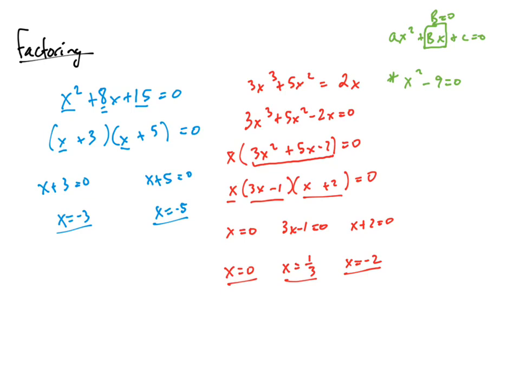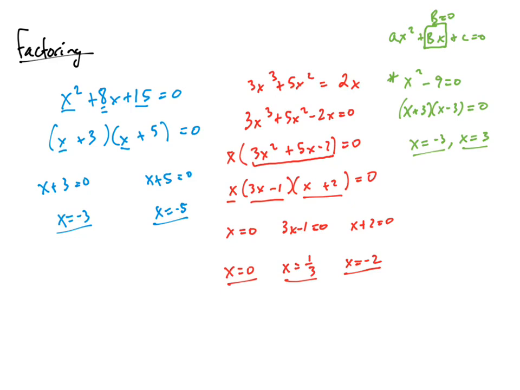This quadratic equation factors as a difference of squares, x plus 3 times x minus 3. Then we get x is equal to -3 and x is equal to positive 3 as our 2 solutions. So here are a few ways that we can factor quadratic equations.